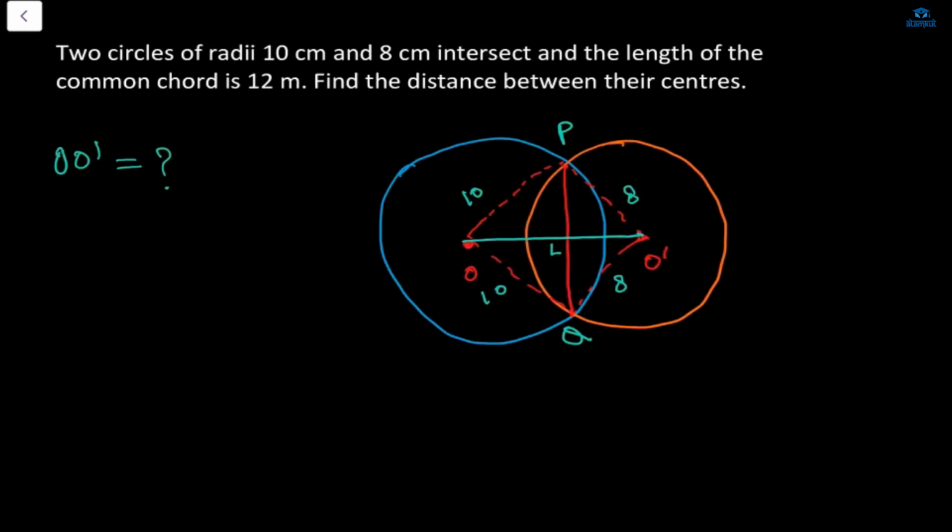From the center, the line drawn on the chord will be perpendicular. So OL will be perpendicular to PQ, and similarly O dash L will also be perpendicular to PQ. Therefore PL will be equal to LQ, and from this side also the same.